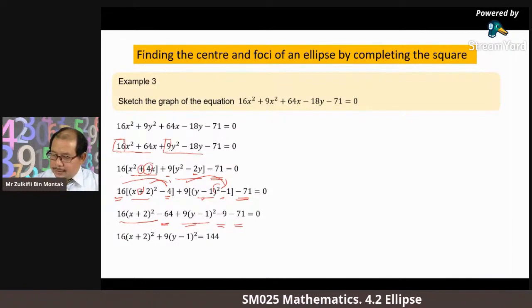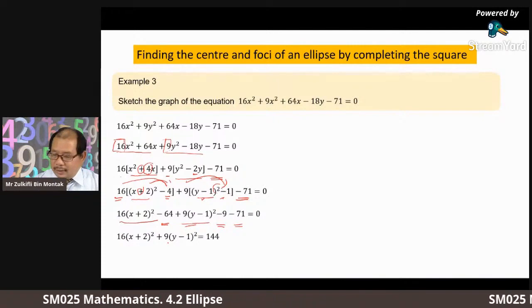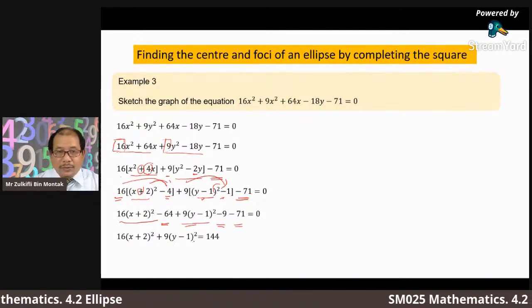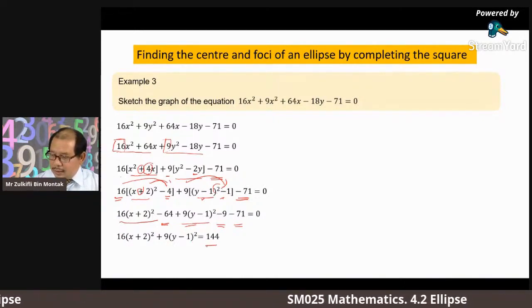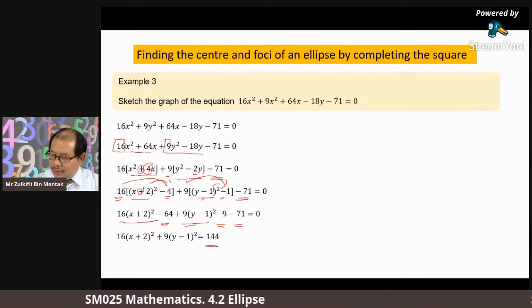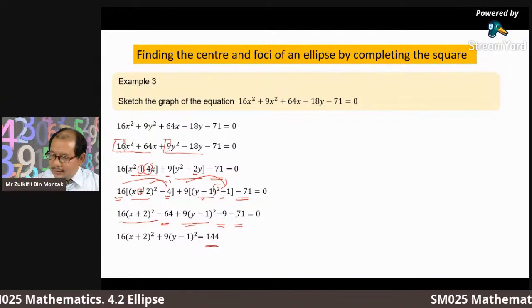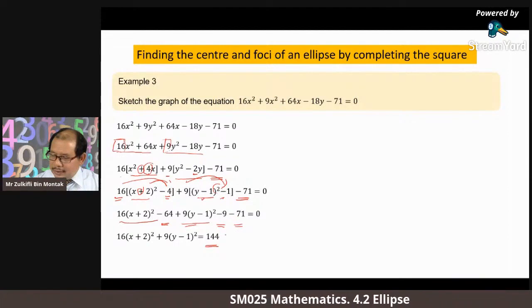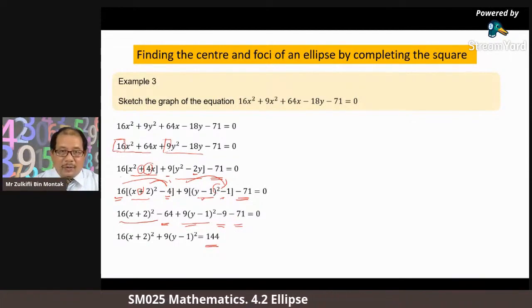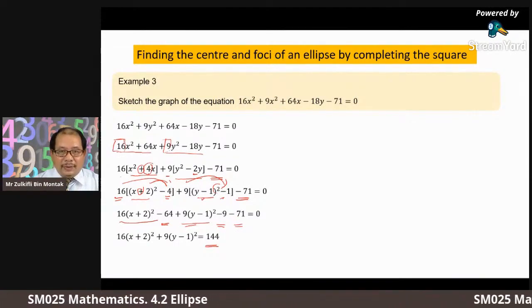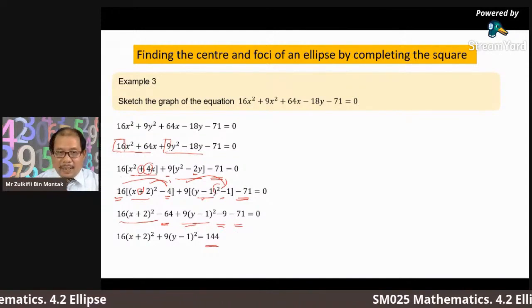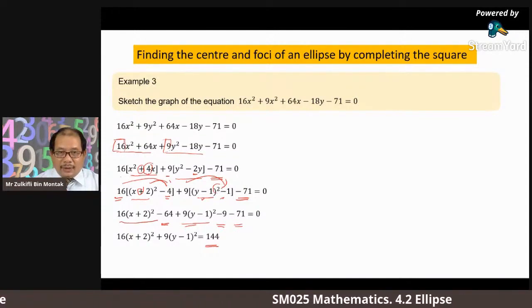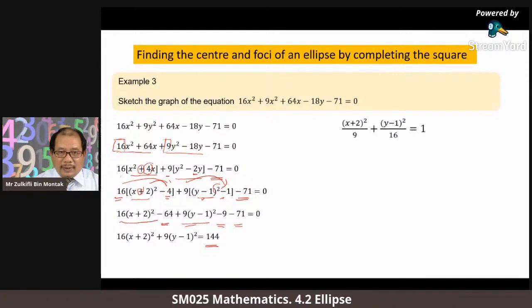So 16 times (x plus 2) squared plus 9 times (y minus 1) squared equals 144. Negative 64 minus 9 minus 71 is negative 144, so you bring it to the right hand side, you have 144. After that, you divide by 144 on both sides.